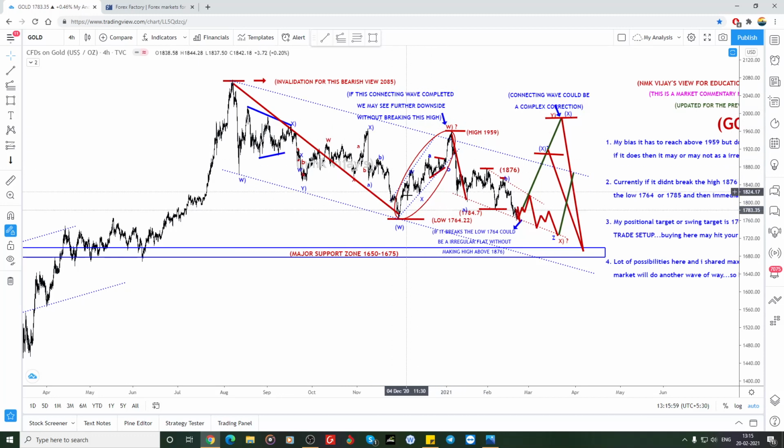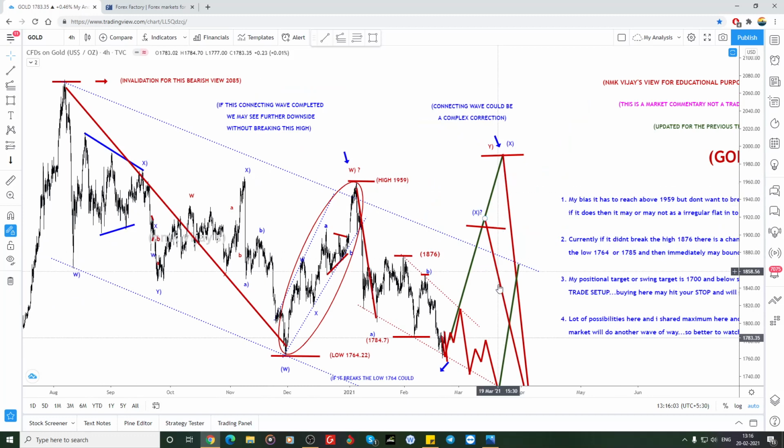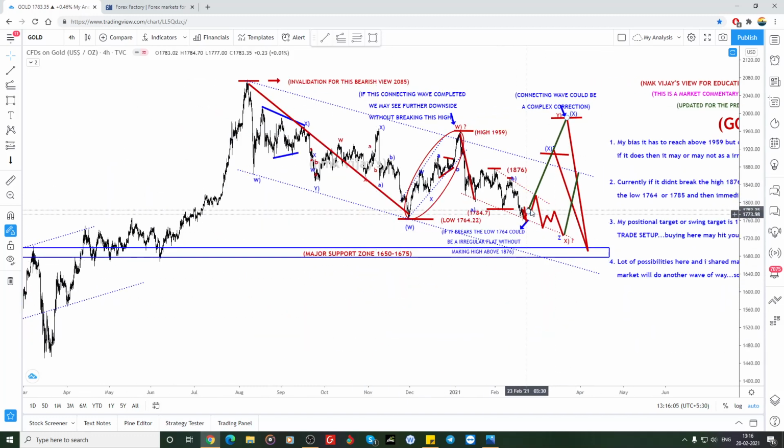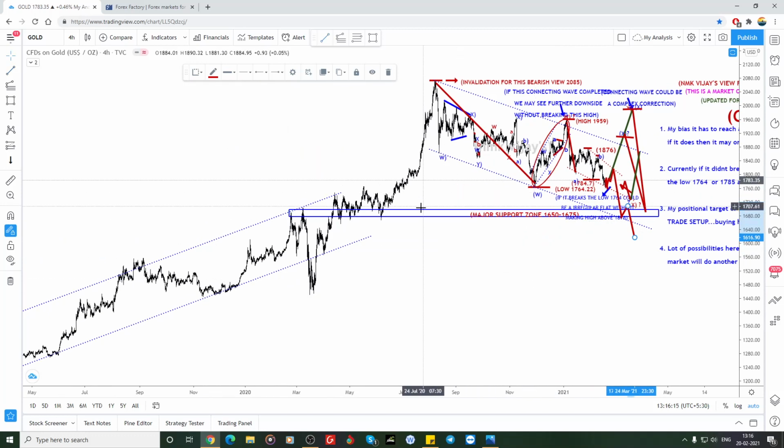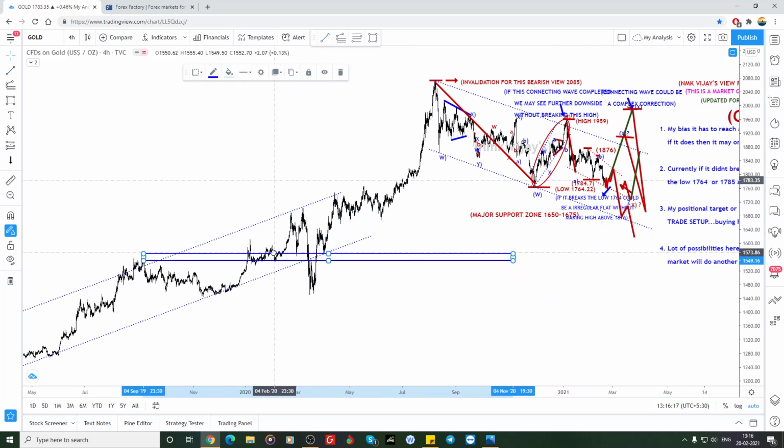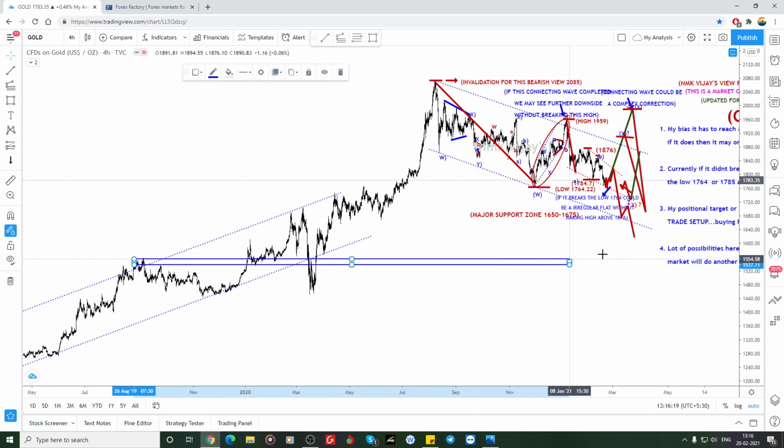So this is the connecting wave. So A, B, C contains a 5-wave structure. So after the 3-wave structure, it will do like this: 3 and 4 and 5. So whether within this zone or within this zone.